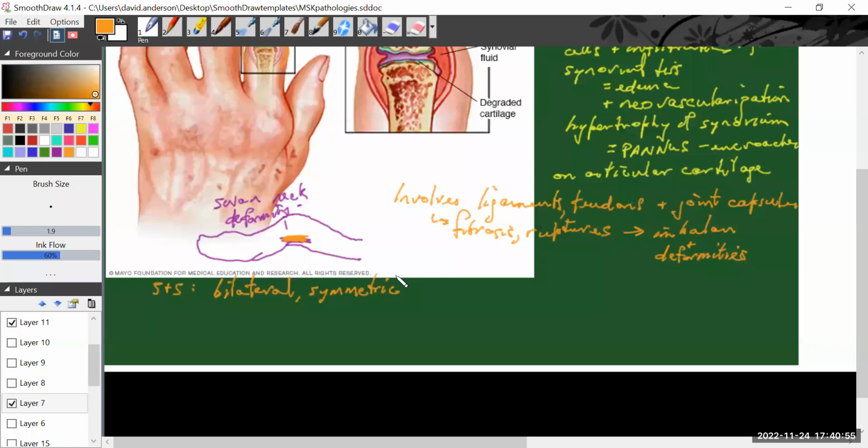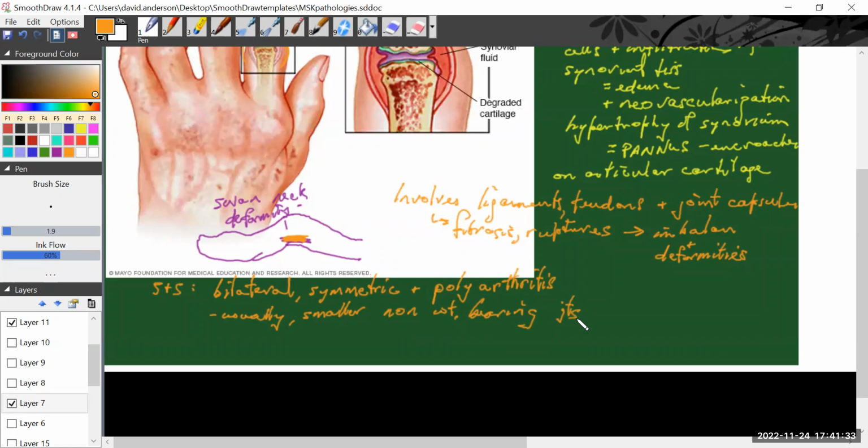So we see bilateral, symmetric, and multiple joints means we call it polyarthritis. Remember, with osteo, it usually started with a single joint and might recruit additional joints over time, but starts singular. This is bilateral, and usually involves smaller, non-weight bearing joints. So that's another way we can differentiate between them.